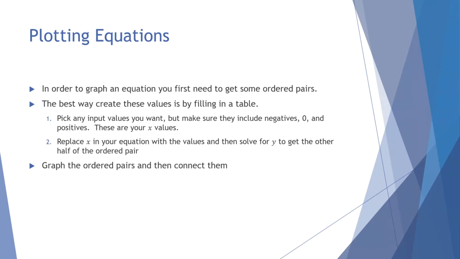And so the best way to do that is by you basically make a table of values. Because they're not given to you, you get to make them. You get to pick them yourself. So generally, you pick the input values, the x points that you want to use. A good way to plot is always to have some negatives, to include 0, and to have positives.